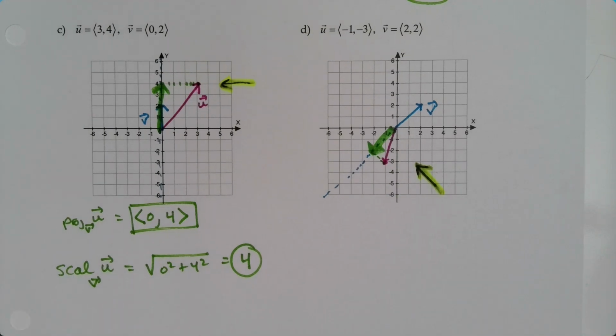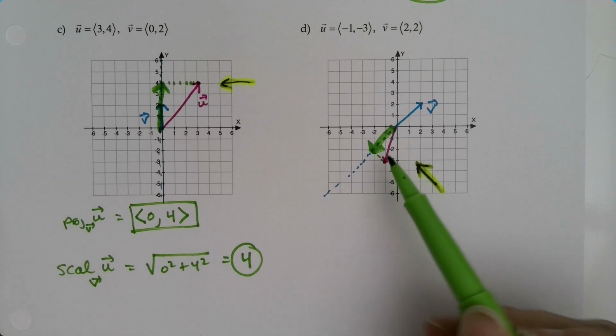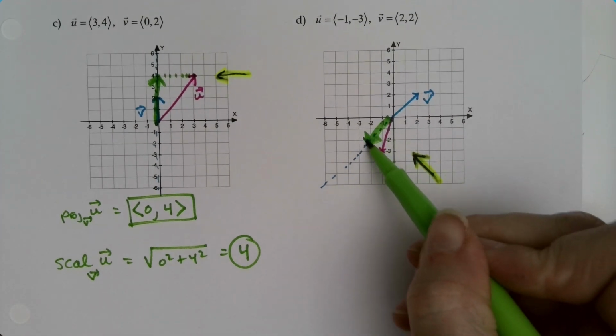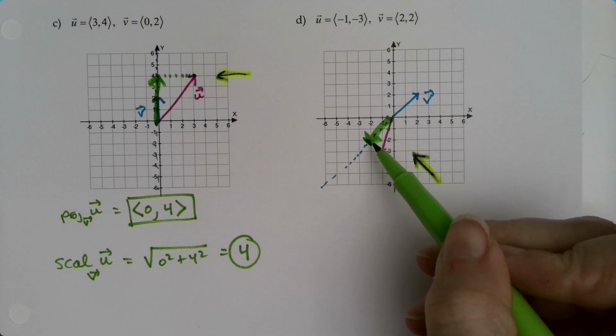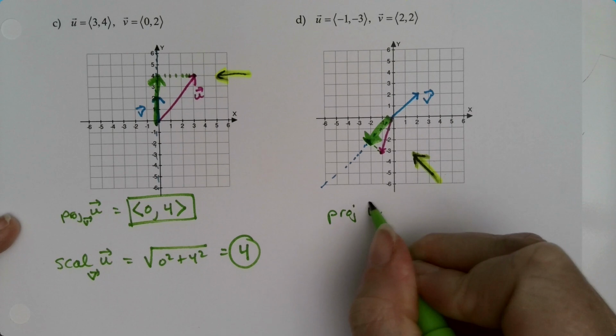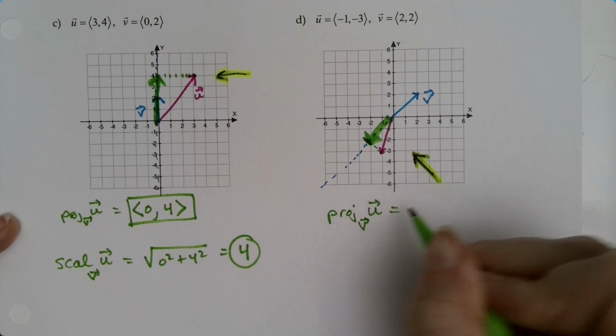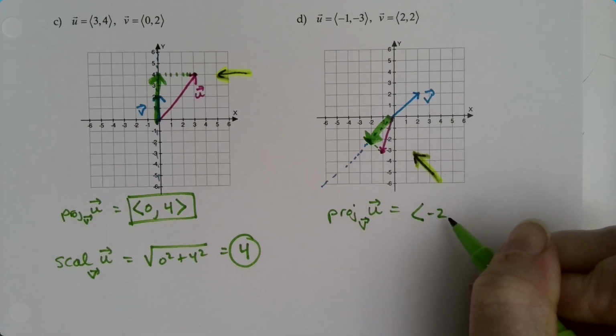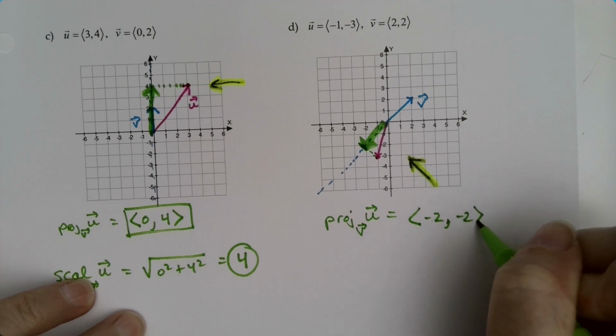It's a little hard to see because I drew this in such a big marker, but what's happening is it's hitting at negative 2, negative 2. So the projection of u onto v would be negative 2, comma, negative 2.